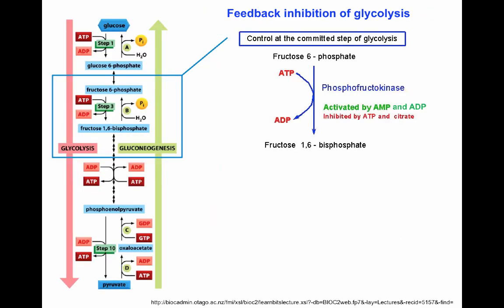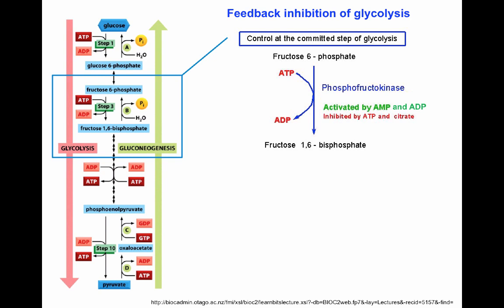Now let's take a look to understand what control is at play in gluconeogenesis and glycolysis. In step 3, you have the substrate fructose 6-phosphate, which is phosphorylated to fructose 1,6-bisphosphate by the enzyme phosphofructokinase. That enzyme is under tight control by the presence of AMP or ADP as well as citrate.